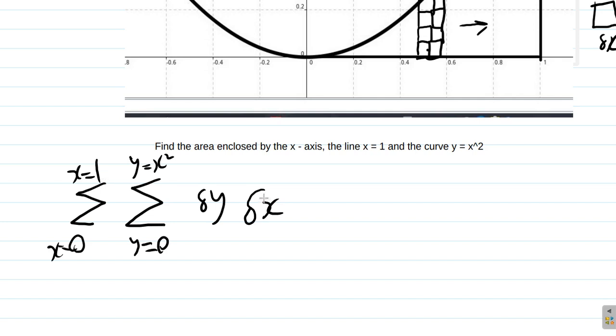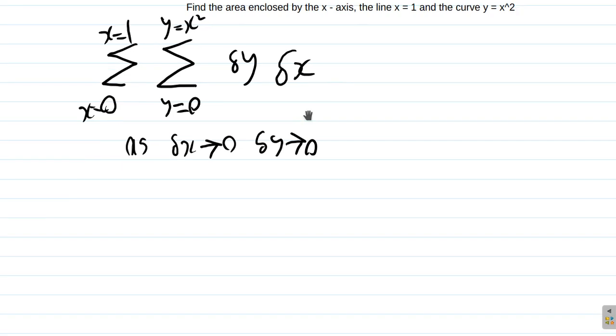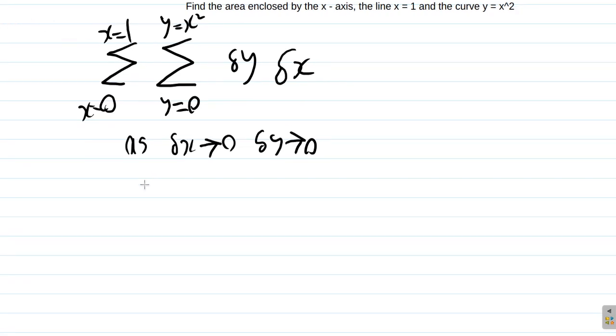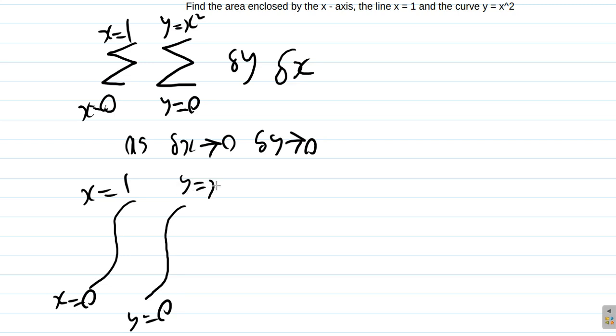Now, as delta x tends to 0 and delta y tends to 0, the summation symbols will change to integration symbols. We're integrating from x equals 0 to x equals 1, and of that we're integrating from y equals 0 to y equals x squared, and the delta will become dy dx, and we're integrating 1.